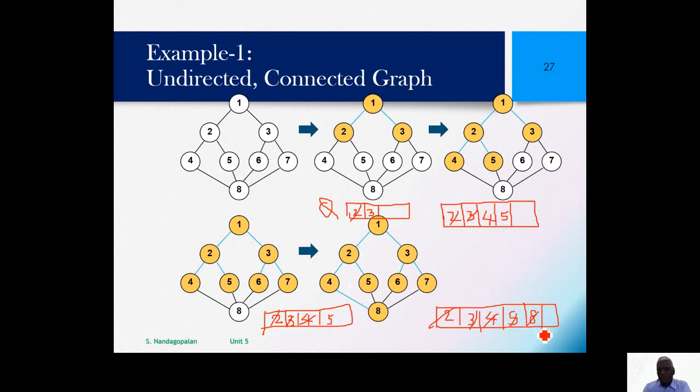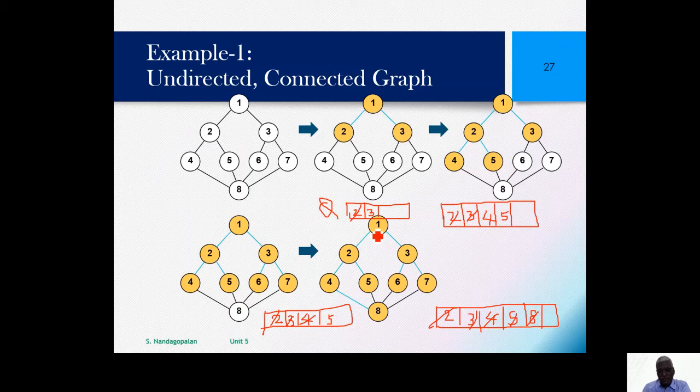So the moment I get this situation, then I can easily say that the queue is empty. 2 is deleted, 3 is deleted, 4 is deleted, 5 is deleted, and 8 is also deleted. And now I have nothing to add, and hence I have to just wind up this.